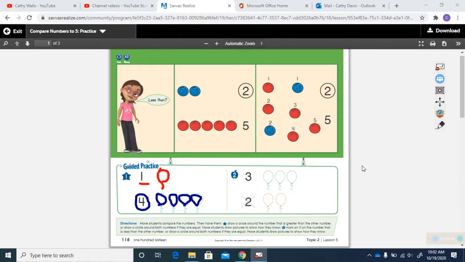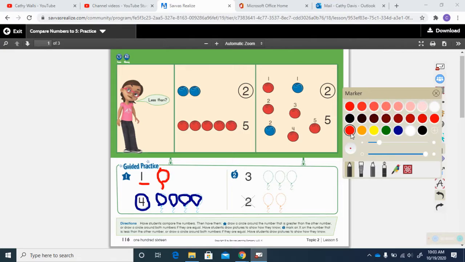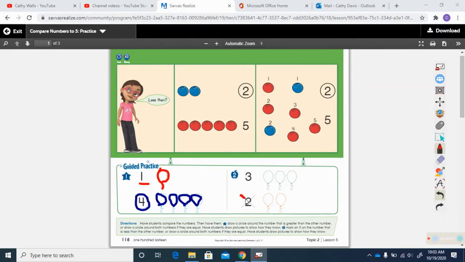Think of when we count 1, 2, 3. Remember, the less than number is the one we say first. Did we say 2 first, or did we say 3 first? We said 2 first, so 2 is our less than number. We are going to put an X through the number 2.